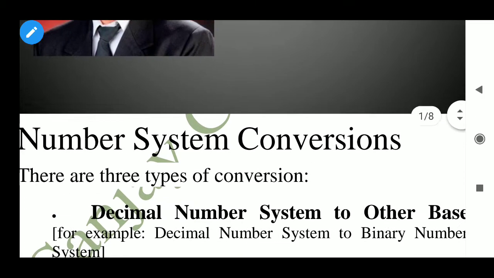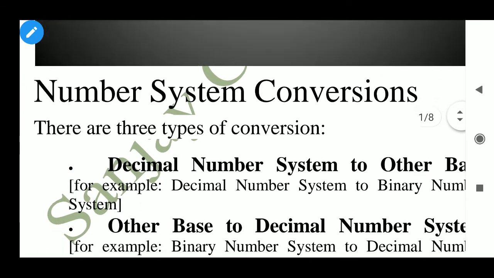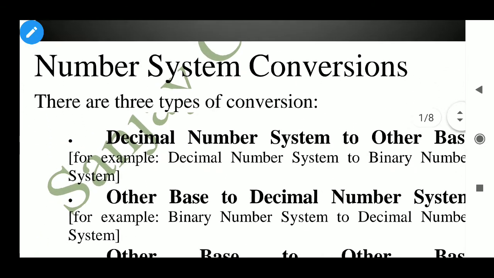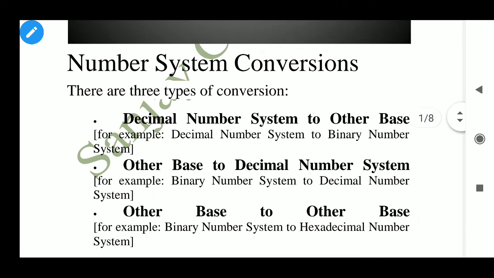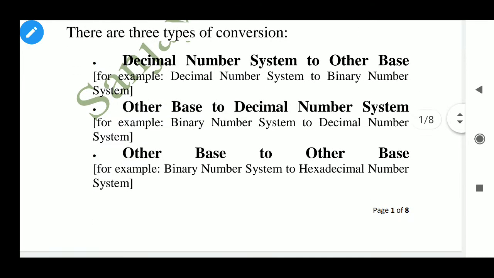Number system conversion. There are three types of conversion: decimal number system to other base, for example decimal to binary, decimal to octal, and decimal to hexa. Another one is other base to decimal, for example binary to decimal, octal to decimal, and hexa to decimal.